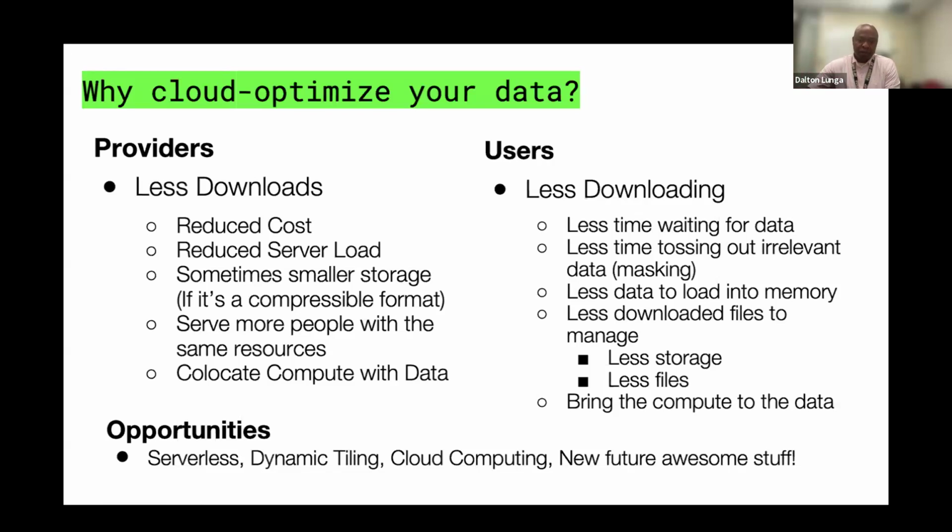So the cloud optimized formats allow for you just to get what you need for the applications that you are deploying at a given time. And then from a provider side, it's less downloads. It also helps to even enable a broader access to the data sets that different users can get to.